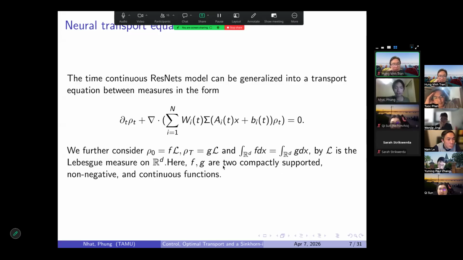To improve regularity, as you mentioned, we consider compact support and maybe continuous and non-negative. I will clarify this further later in the assumptions. The idea is that we have two density functions and we want to transport from one to the other, and the trajectory, the flow, is controlled by these parameters.